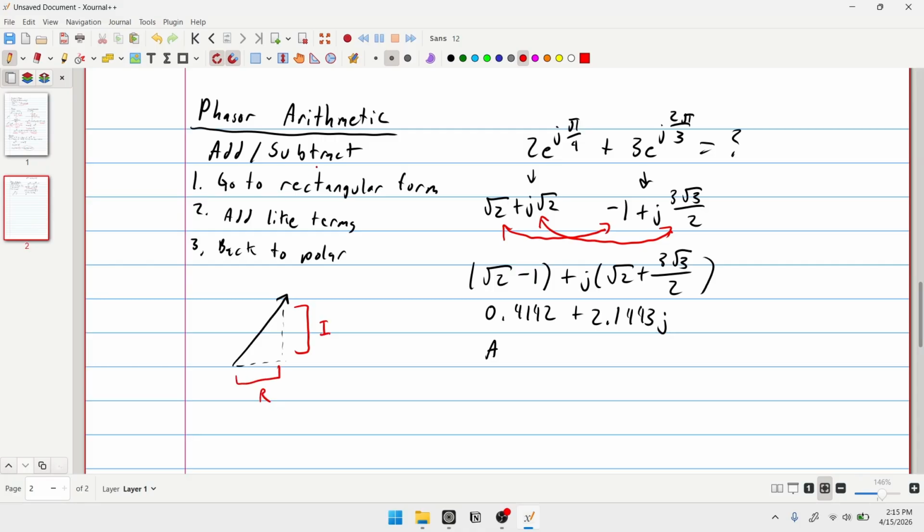If you want to find the magnitude or the amplitude, we just take the square root of R squared plus I squared. Plug that into your calculator using 0.4142 as our real and 2.1143 as our imaginary. We get 2.18394 as our amplitude.